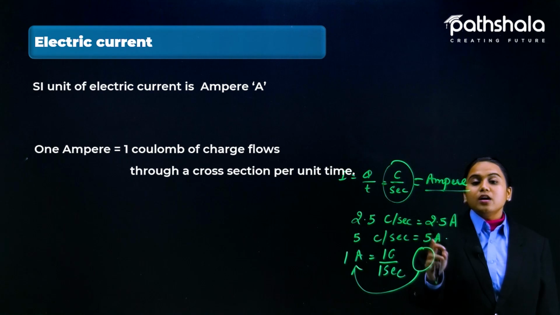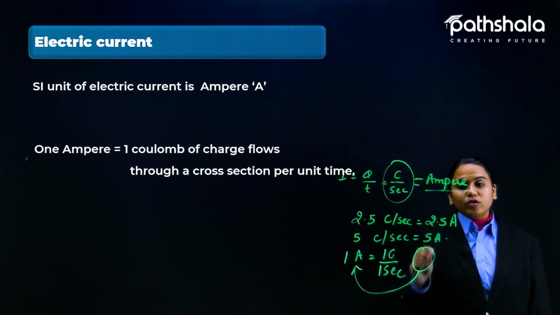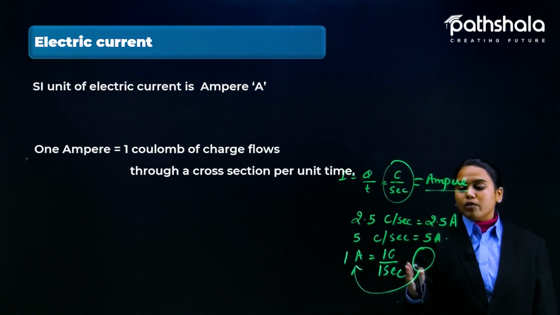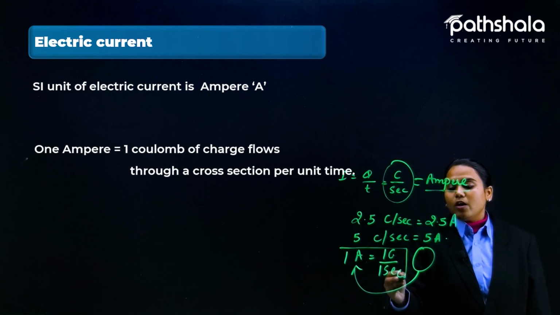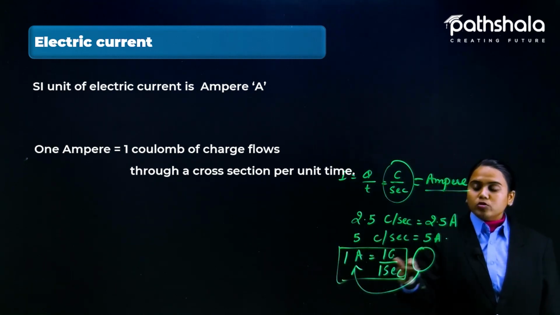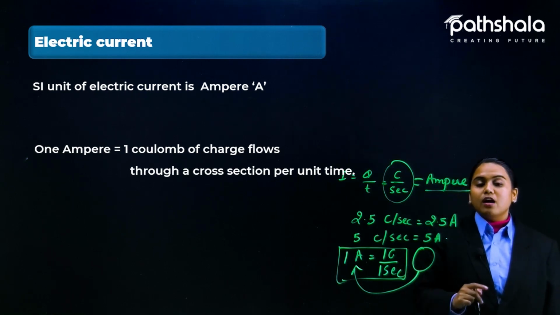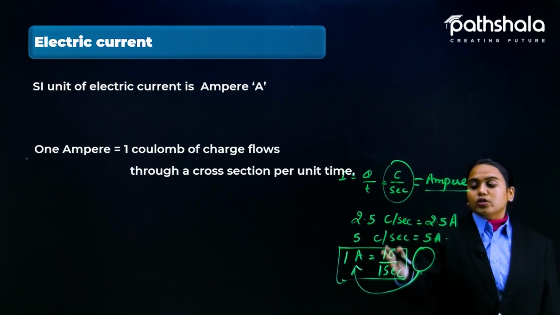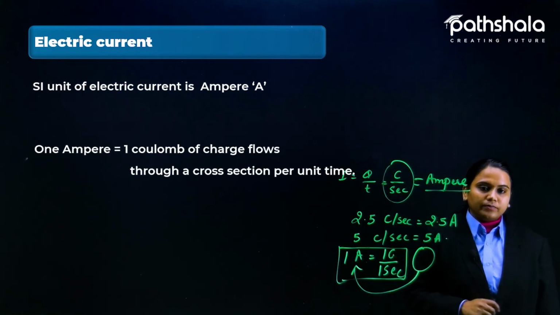So here you have to mention that 1 coulomb of charge flowing through the cross section area of a wire in 1 second will give you 1 ampere of current. This question is very important. Most of the time in boards this question comes: explain 1 ampere current. So this is how you need to explain it.